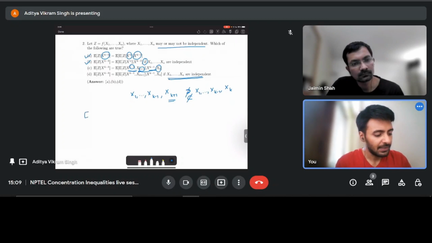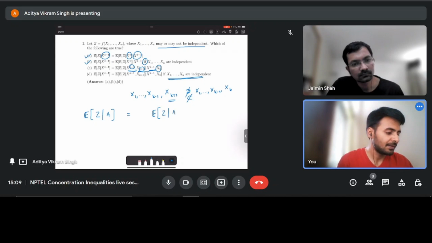If you have the expectation of z given some random variable a, this would be the same as the expectation of z given a comma b, which is not true yet. If we had taken one more expectation and then conditioned on a, then this would have been true, by the tower property.